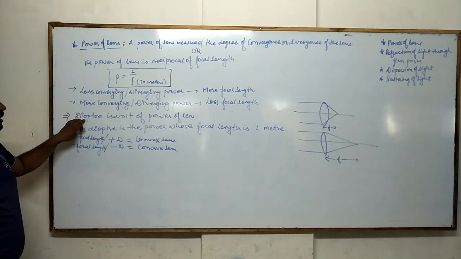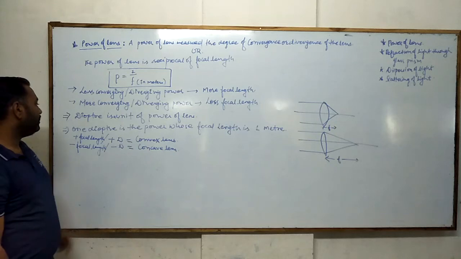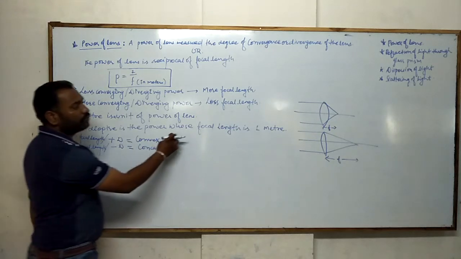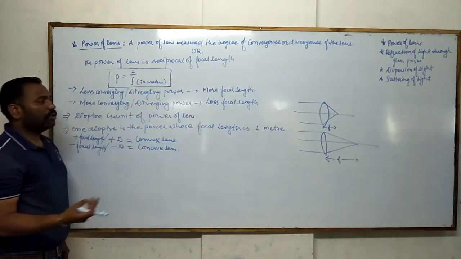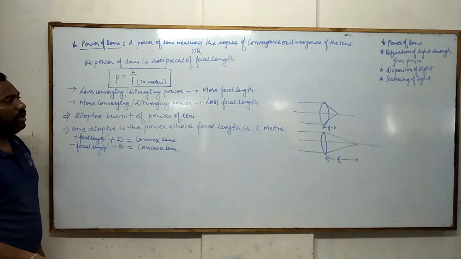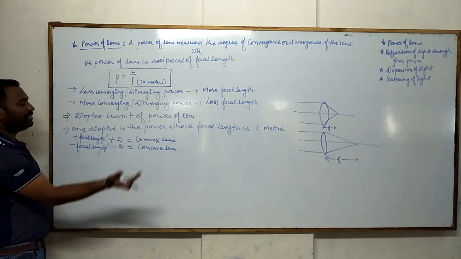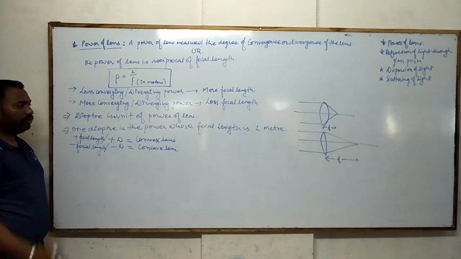Then a diopter is the unit of power of lens. One diopter is the power whose focal length is 1 meter. It means those having a 1 meter focal length, we can say that has 1 diopter unit of power.